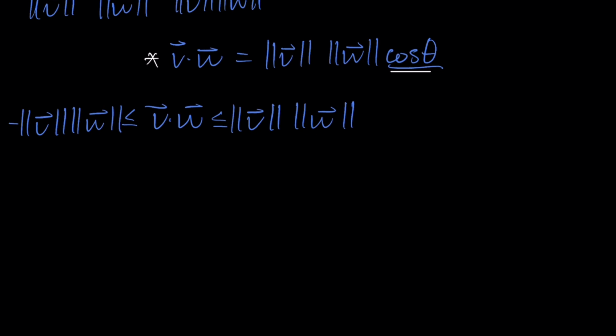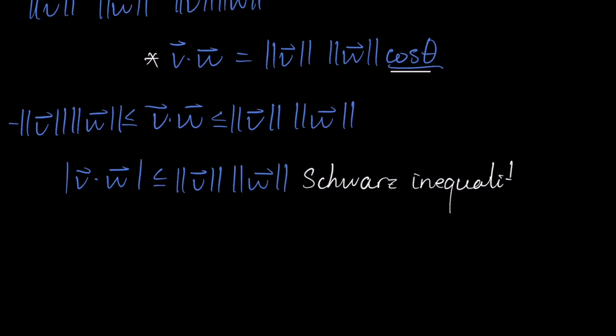All right. And we can more simply denote this inequality with an absolute value. So the absolute value of v dot w is less than or equal to the length of v times the length of w. This is called the Schwarz inequality. Very fancy name. I think it's called the Cauchy-Schwarz inequality, but I can't really remember that name, so let's call it the Schwarz inequality.